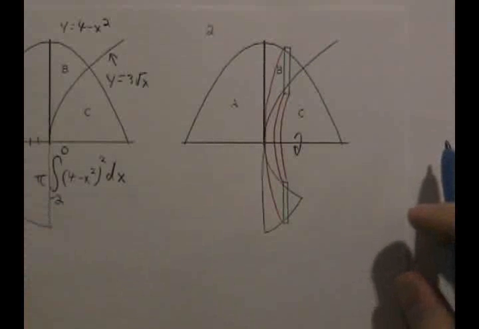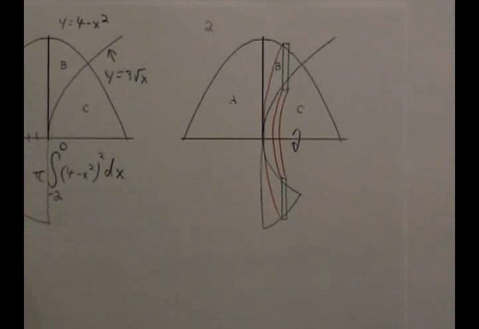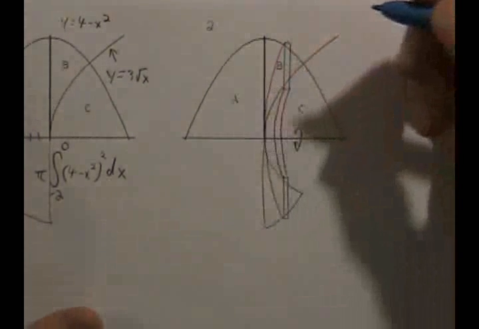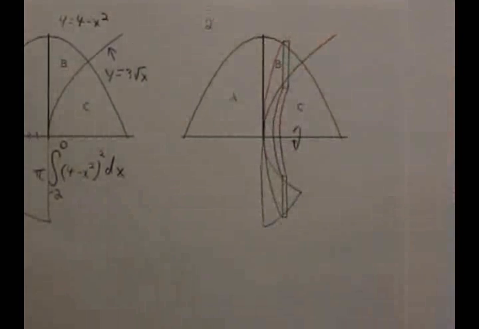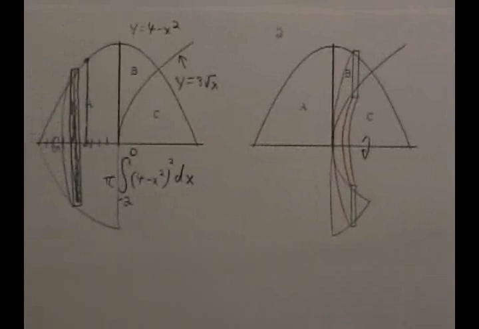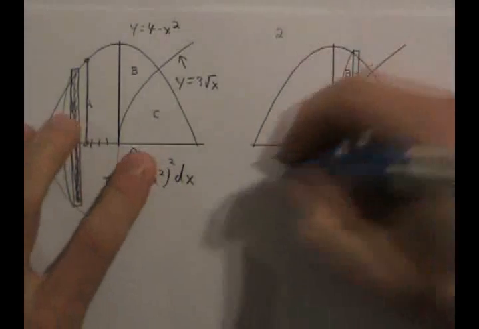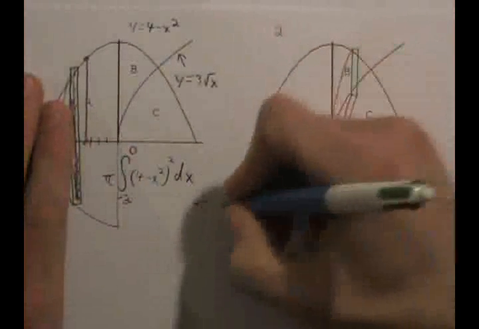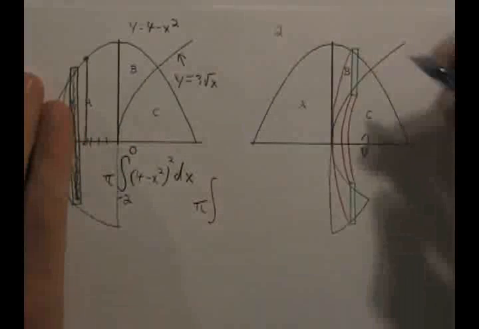So the general formula for volume by washers is pi times the outer radius squared minus pi times the inner radius squared. And we usually collapse that into one integral. So that'll be pi times the integral. I'm probably going to run out of room here.